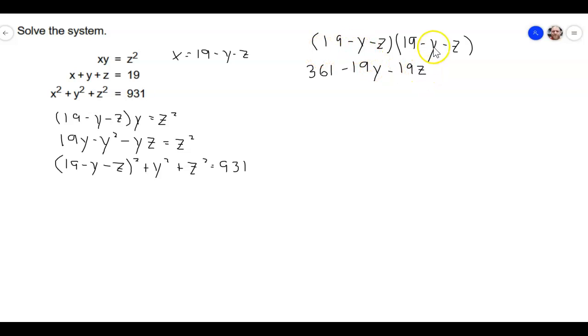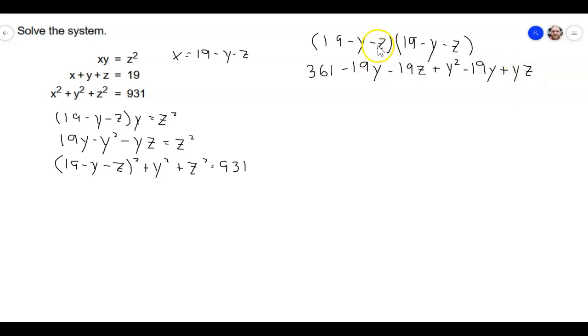And then we go over here, so that's plus y squared. Then minus 19y from this one times that one, and then plus yz plus yz.